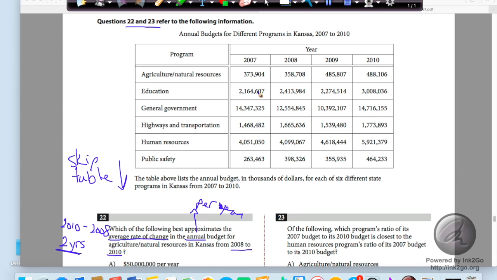Now I'm going to quickly go to the table, and I'm looking for agriculture and natural resources in Kansas. So agriculture, natural resources, here's my 2008, and here's my 2010. Now, I want to know what is the difference here per year, right? What's the annual rate of change per year?